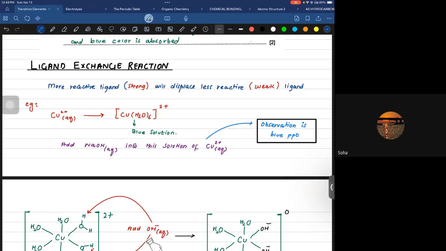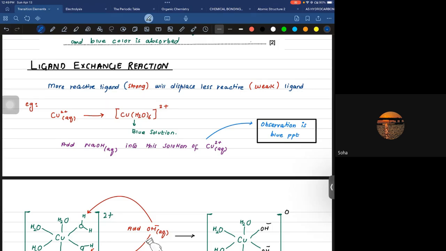Then basically we have ligand substitution reaction. Ligand substitution reaction is similar to halogen displacement.